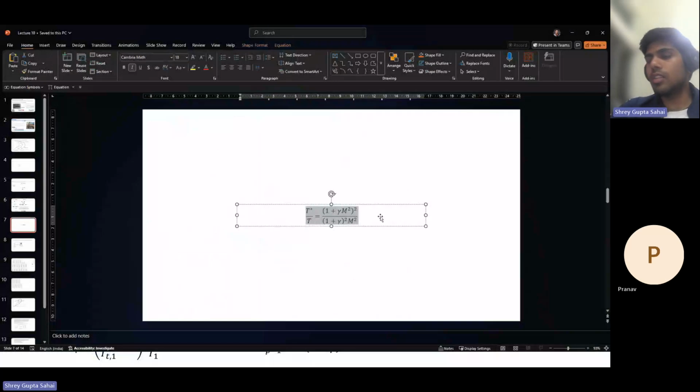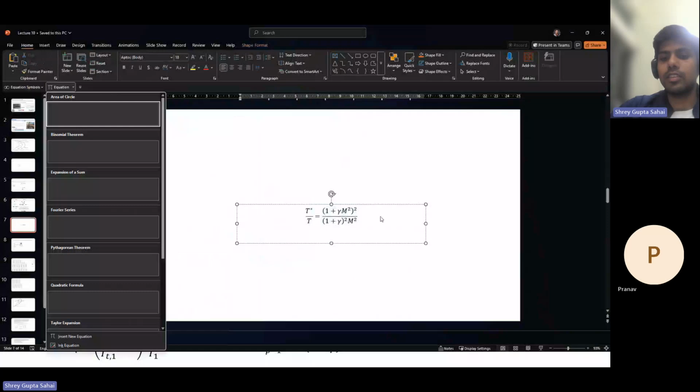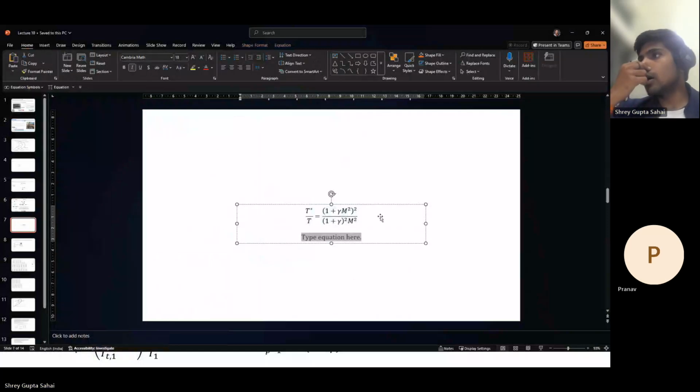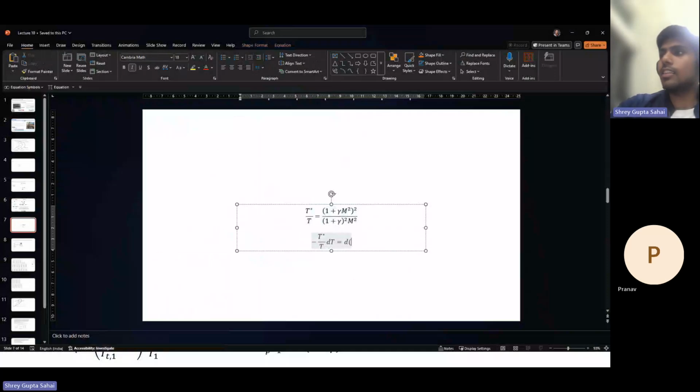So if I use this, T star is a constant value, so that is not going to change. What you get is T star minus Tt by T equals d of this entire thing.